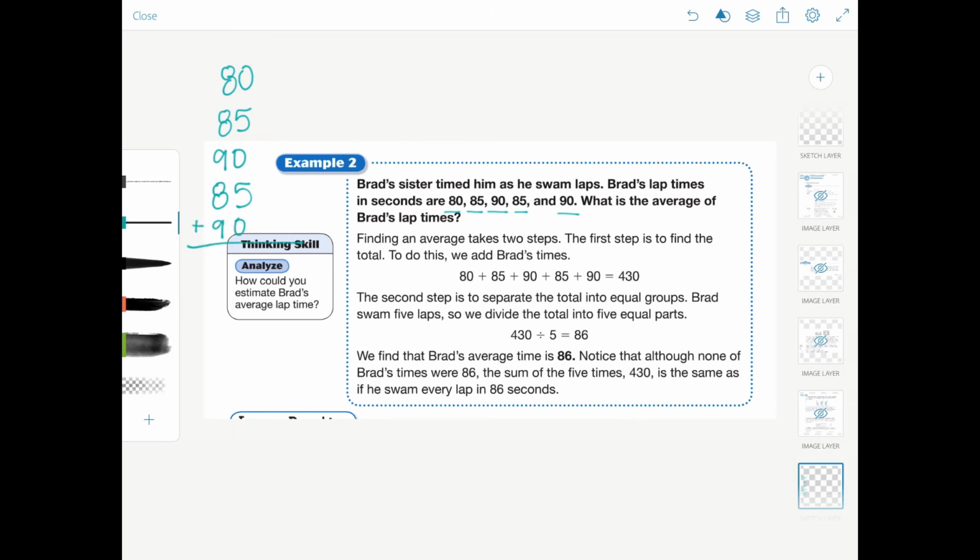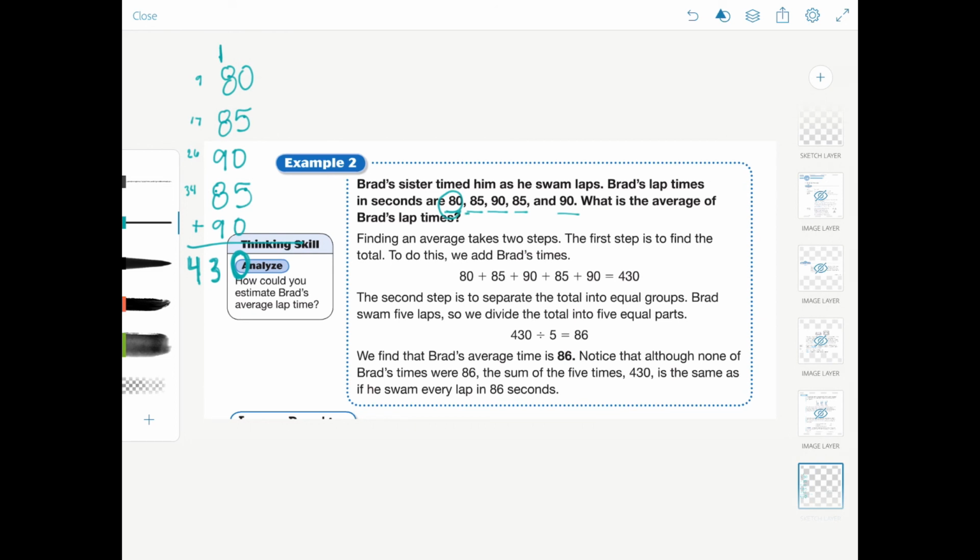So 5 plus 5 plus nothing is 10. 8 plus 1 is 9, plus 18 is 27, plus 9 is 36, plus 8 is 44, plus 9 is 53. So we have 430 seconds total that he swam.